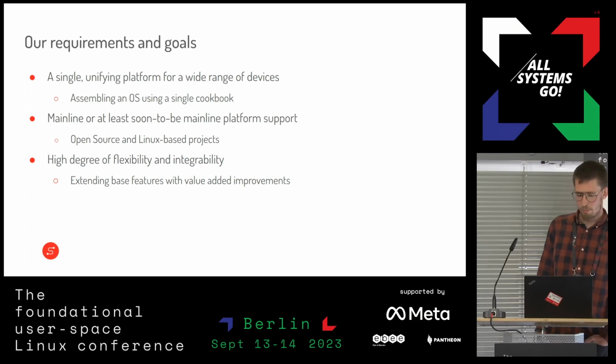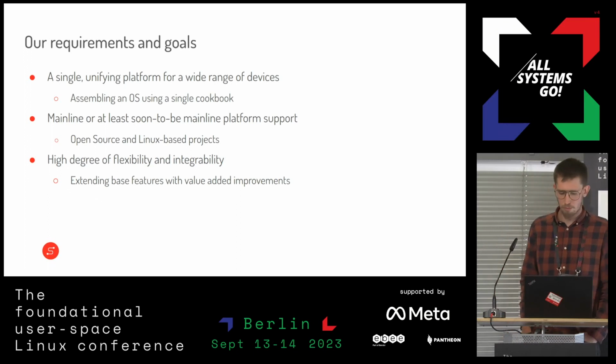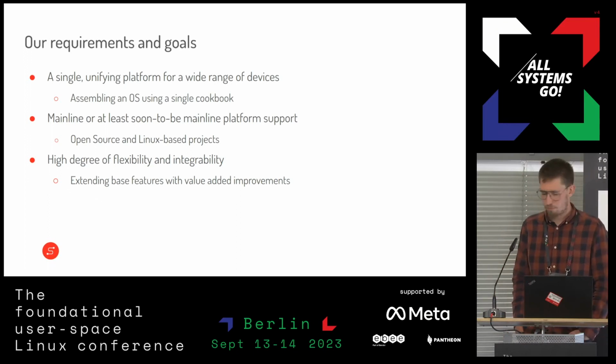Our main goal was to try and unify these kinds of network devices, so to have a single platform for access points, for network switches, for network servers, maybe even virtual machines, and these should all run the same system, and they should be built in relatively the same way. But in our experience, we think that we really need quality open source support for this.